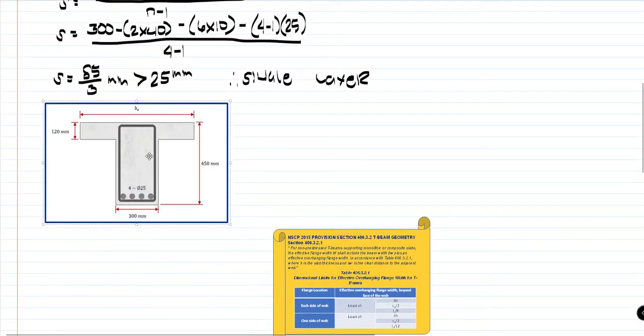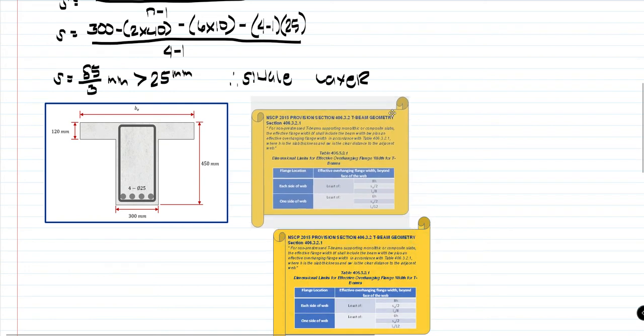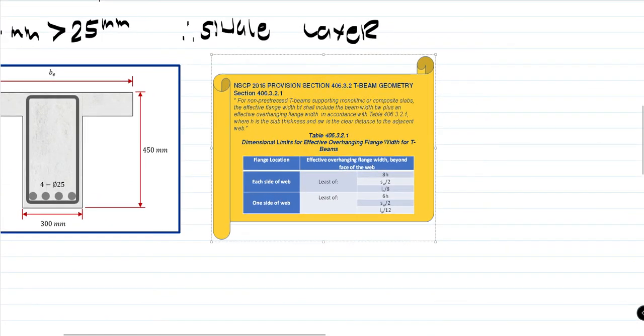Ito. So, kailangan natin ng value ng overhanging flange width or OHFW, which will come from our code provision. So, ito yung code provision natin for the analysis of T-beam. So, since this is a T-beam, ang kukunin natin is itong provision na to. So, which is 8h, sw over 2, ln over 8.